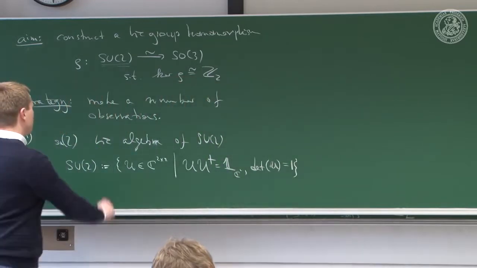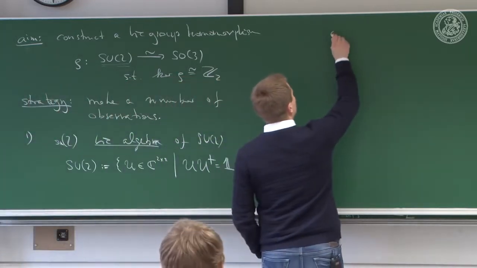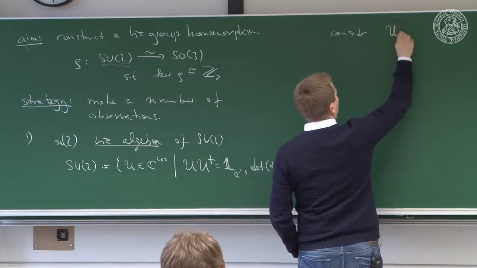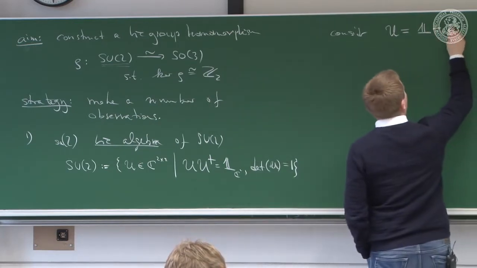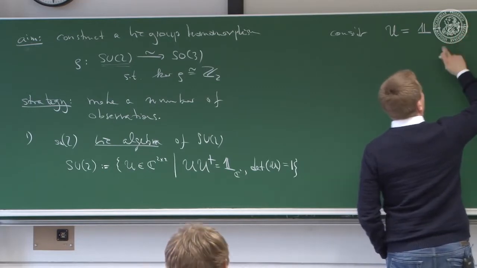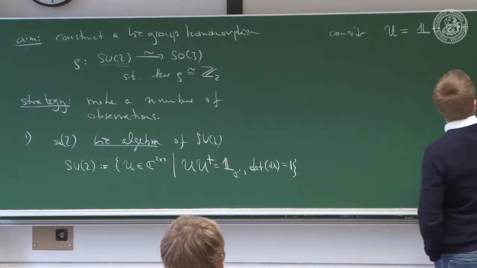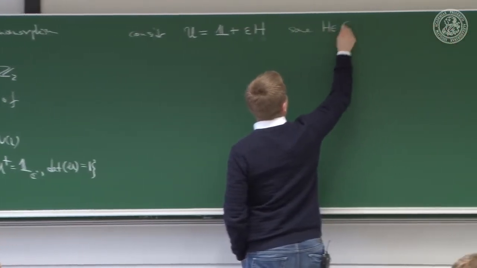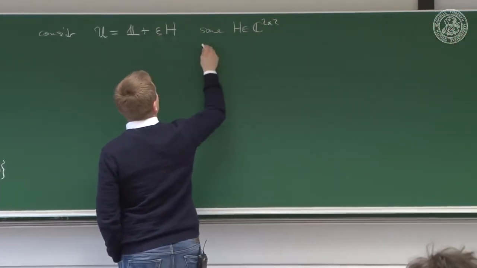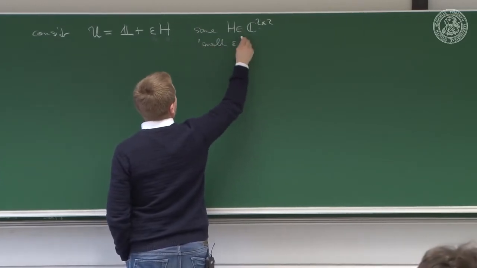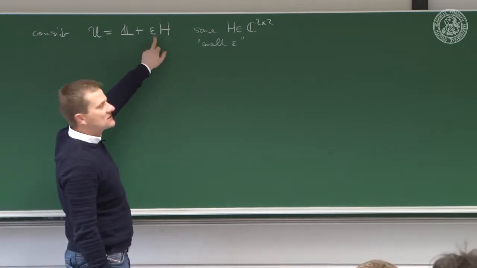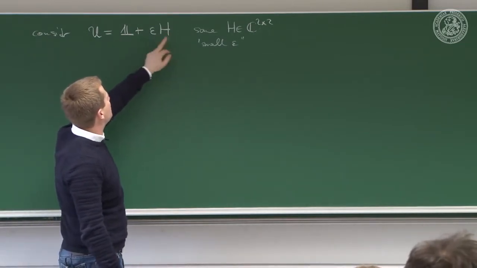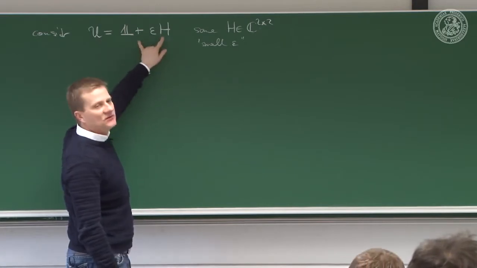Now the quick and dirty calculation to get the Lie algebra is to consider a group element close to the identity, because of course if you have the identity and then you have another 2 by 2 matrix H, for some H being a complex 2 by 2 matrix, and you use a small epsilon, in the small epsilon you recognize immediately there will be something with the differential. And very roughly speaking, if you make the epsilon small, this is like the tangent vector at the identity that takes you to an element close to the identity.